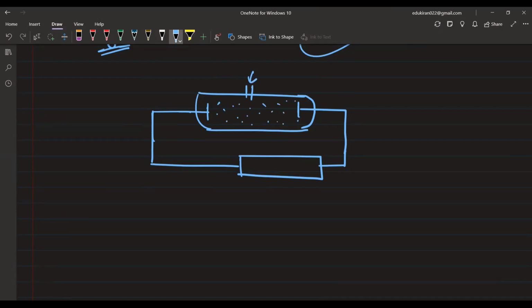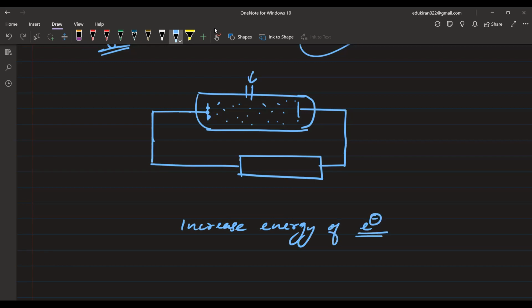Now, once the electricity starts flowing, it ionizes the gas particles because a large amount of electricity will increase the energy of electrons.